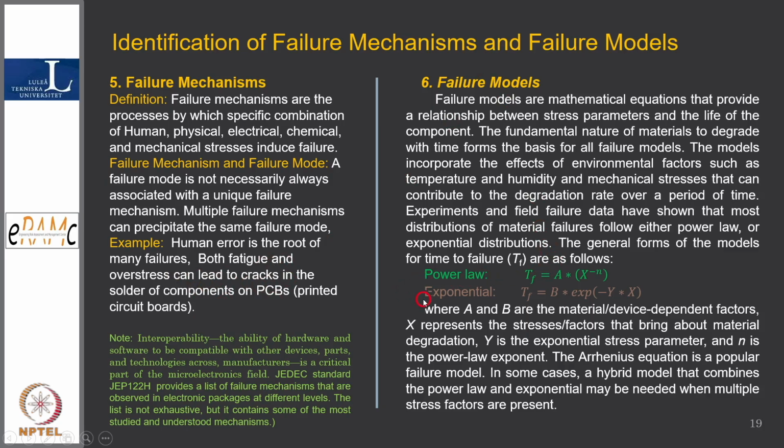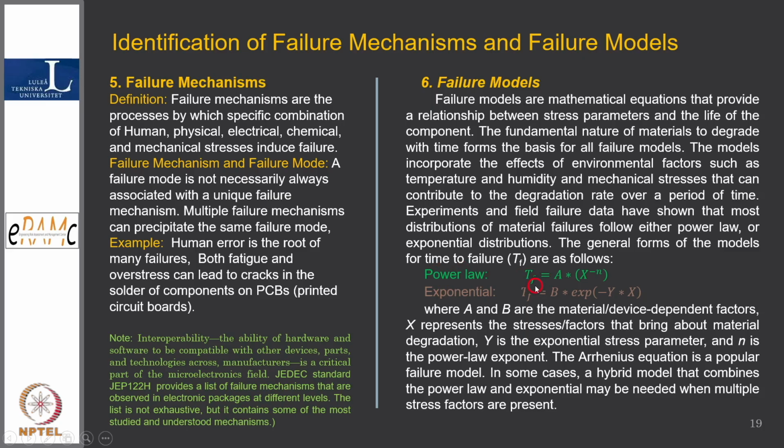You can start by plotting your failure data, because whenever we do a study, we put a population under testing. If there is a diode, I will put 100 diodes under test. If there is a relay, I will put 100 relays under test. So based on their failure mechanism, if I plot the data, I can make out whether it is following an exponential, power law, or linear distribution. So TF is time to failure.